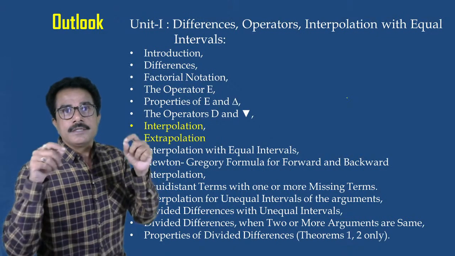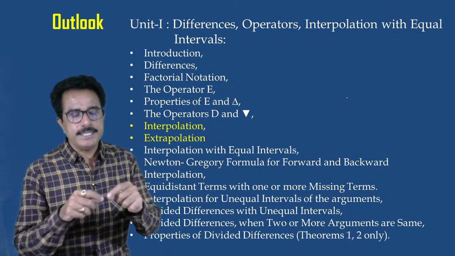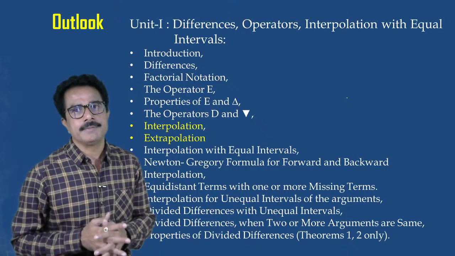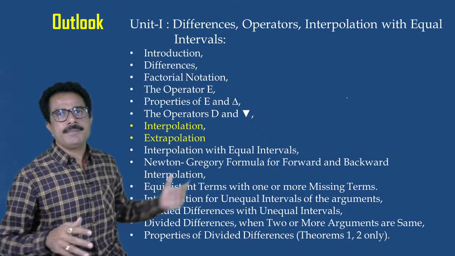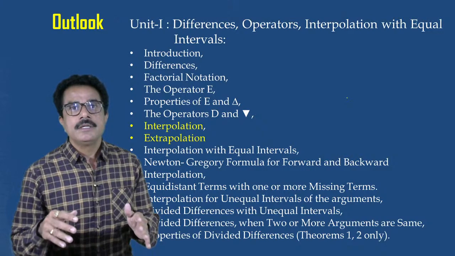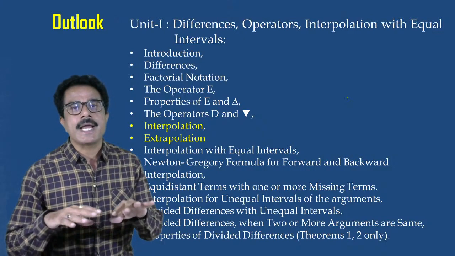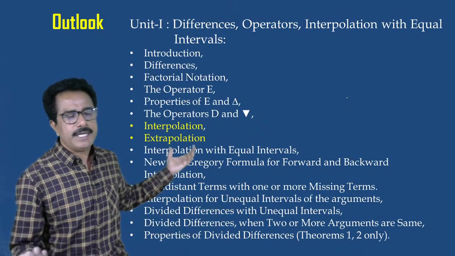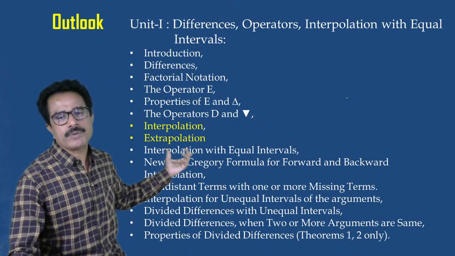Interpolation means the process of finding an intermediate unknown value in the given domain. Extrapolation means we have to find the unknown value which lies outside of the domain. And interpolation with equal interval, which we have seen also.